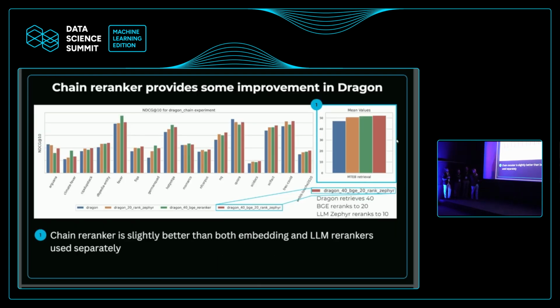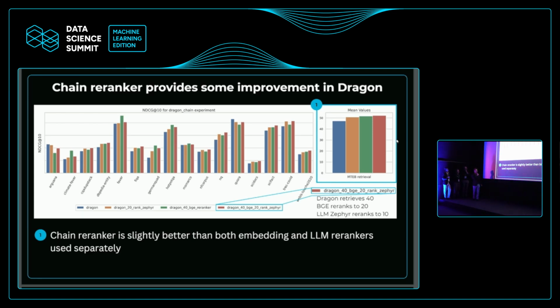As we can see here with our results, we are gonna compare the Dragon in blue, with Dragon after LLM re-ranking, and later with Dragon with M.Janik re-ranking, where we start with 40 passages and end with 10, and the last one is our chain re-ranking.